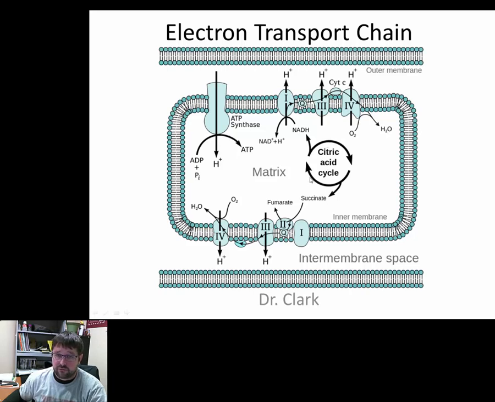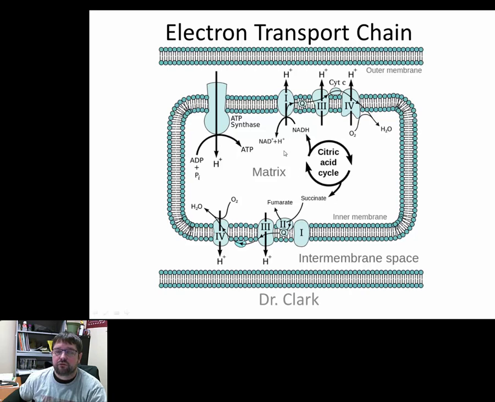Throughout that cycle, the 2 carbons on acetyl-CoA get removed as carbon dioxide, which is not shown here, but that gets removed through respiration of organisms, and the energy from that gets converted into NADH and FADH2, which is also not shown on this.